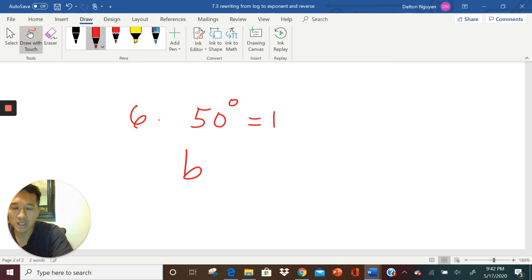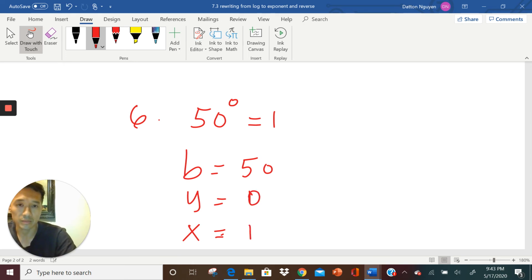Again, what is b? What is y? What is x? This is all coming from the notes. So b is 50. My exponent is not 1, it's 0, and my answer is 1.